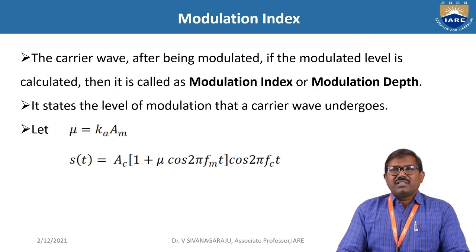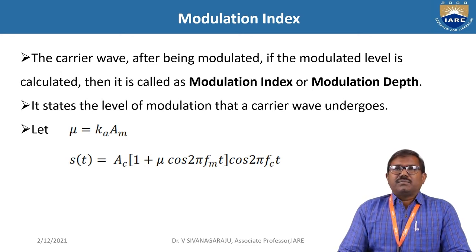When you check the modulated signal, s of t is equal to Ac of 1 plus Ka Am cos 2 pi fm t, cos 2 pi fc t. That is our previous equation. So in the place of Ka Am we use mu. That mu is the modulation index or modulation depth.